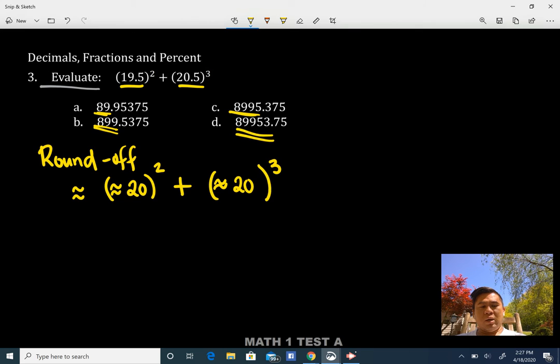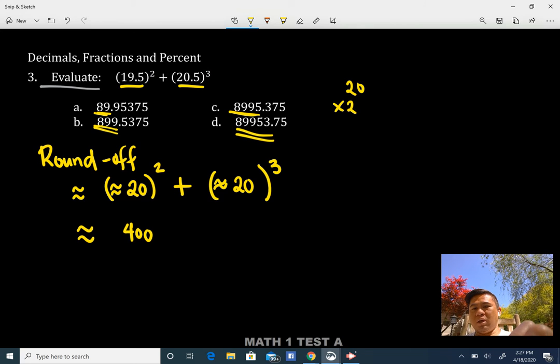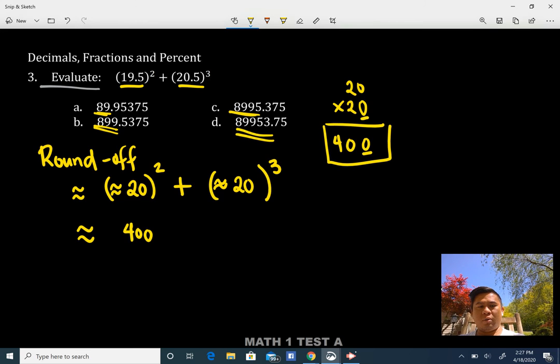With this being said, I can have my answer as follows. So approximately 20 squared is approximately 400, by seeing 20 times 20 is equal to bring down the zero, the first zero, and then 2 times 20 will be 40 in this case, which is 400.